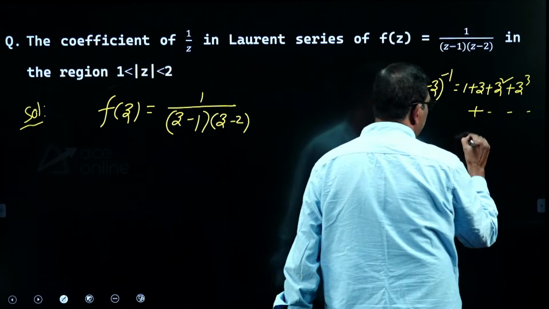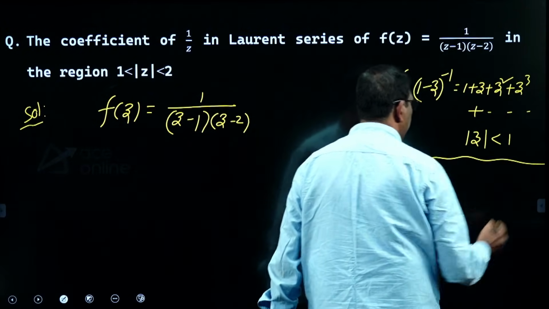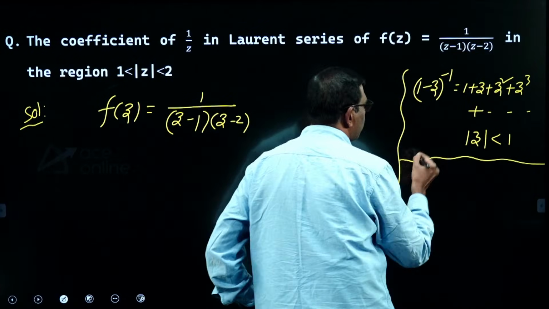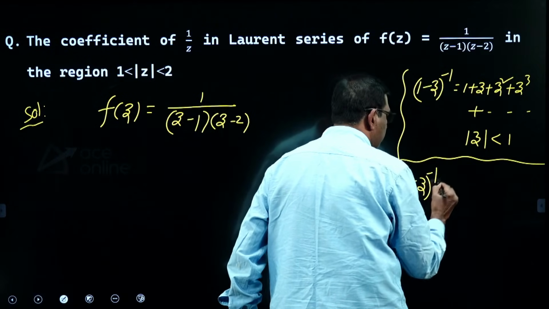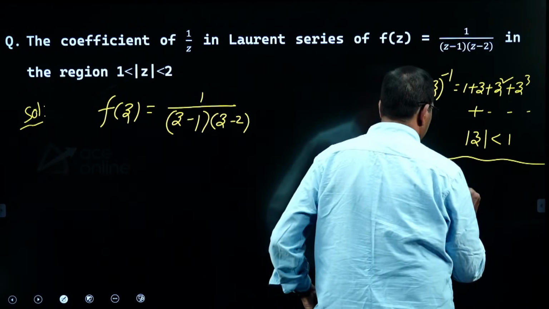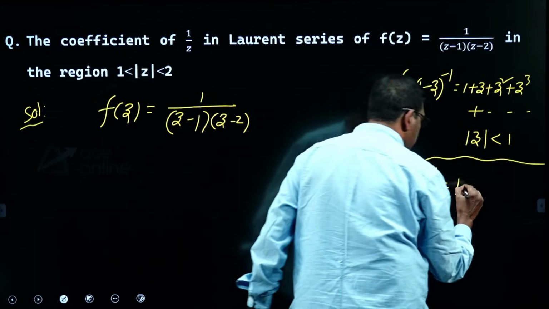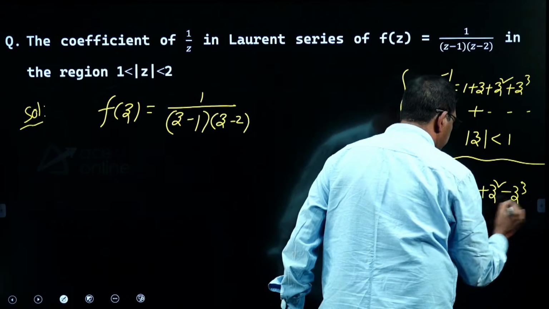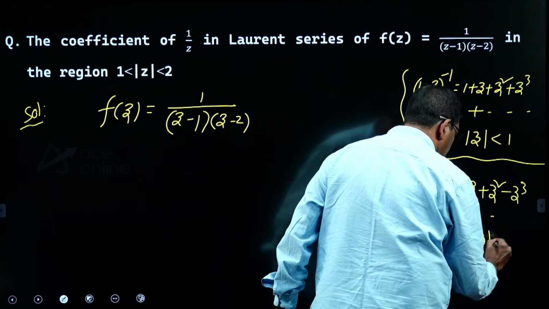This is valid in the region |z| < 1. Similarly, (1 + z)^-1 is nothing but the same with alternating signs: 1 - z + z² - z³ + and so on. This is also valid in the region |z| < 1.